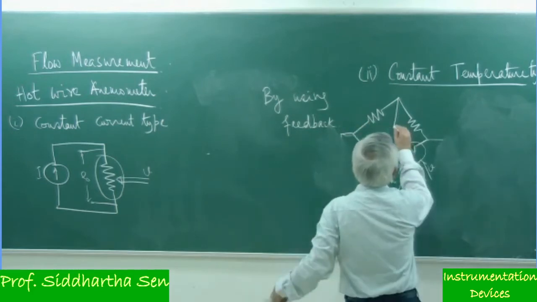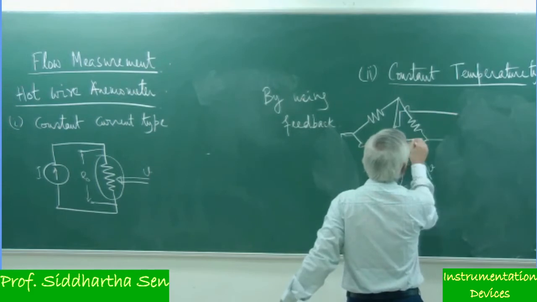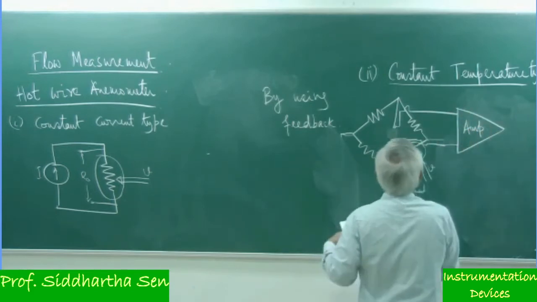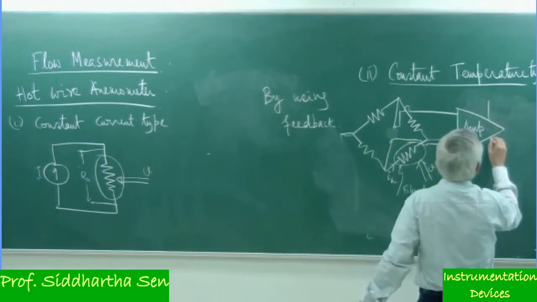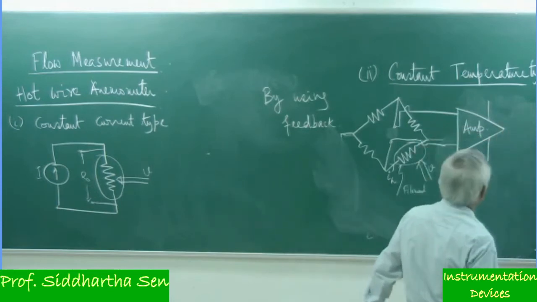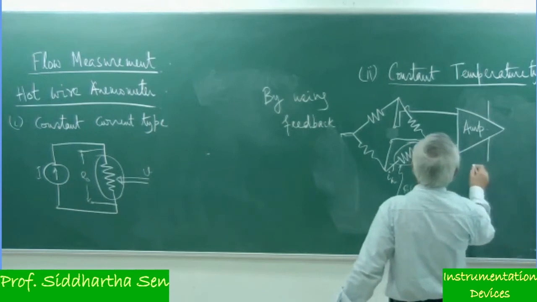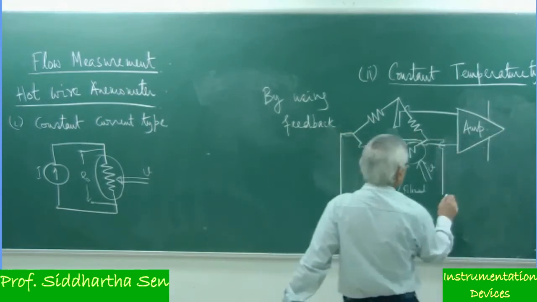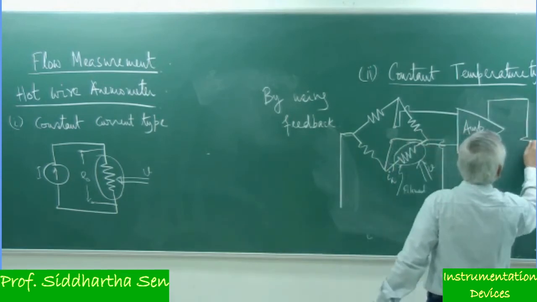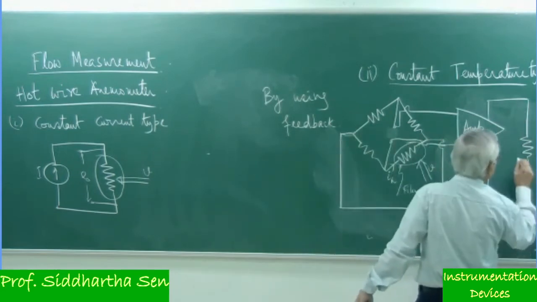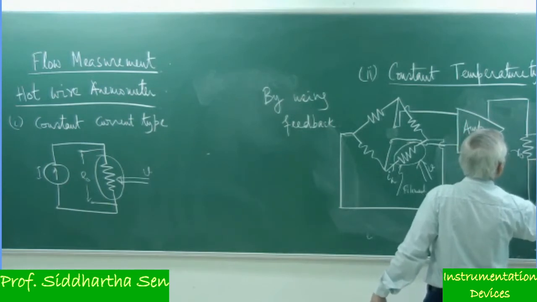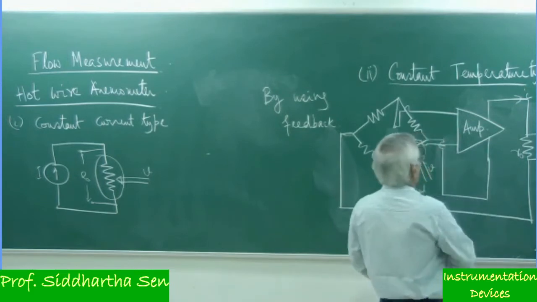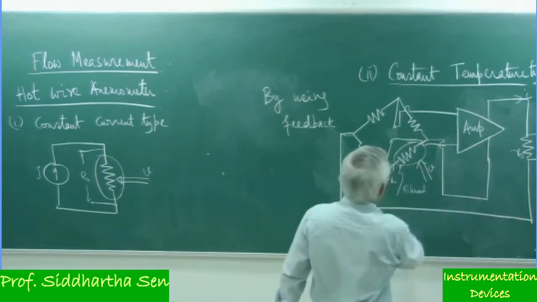So what I can do is put some amplifier here, so that the unbalanced voltage is amplified, and the amplifier output is two terminals, not a single terminal with a ground, but two terminals of the amplifier, and these two terminals are fed to the bridge, and the amplifier output is again exciting the bridge.